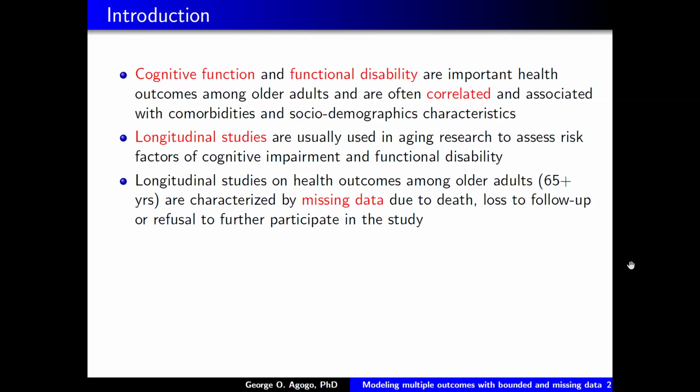Now, as Terry clearly pointed out, because we are following older people over a long period of time, such data are characterized by massive missing data. People die along the way. Some of them are lost to follow up, or some just decide that, I don't want to participate in the study anymore. Maybe because of old age, they are fatigued, and such things.